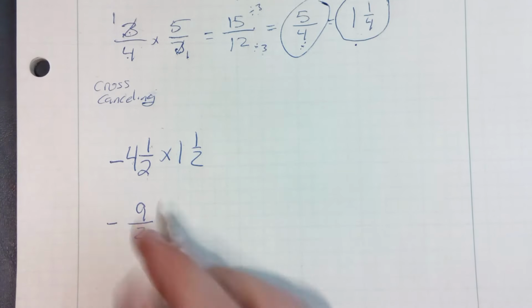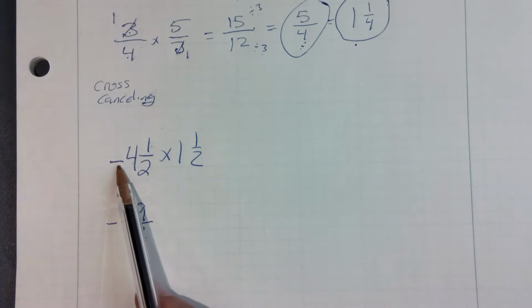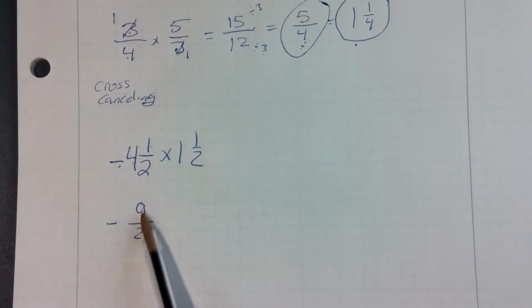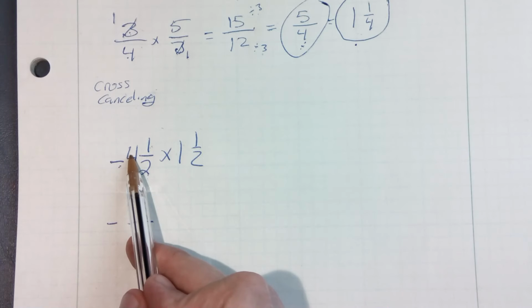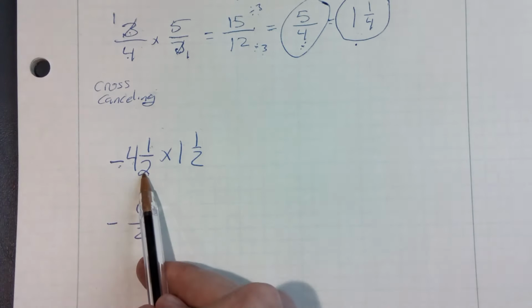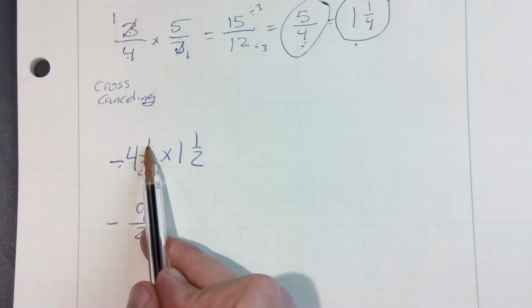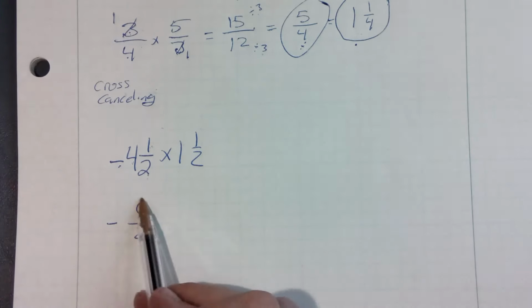Now I want to emphasize, did you notice how I did not even look at the negative until I converted? A very easy mistake to make is thinking the 4 is negative, so you go -4 times 2 is -8, but then you look, oh, the 1 must be positive, so when you add a +1 to -8, you get -7, which would be incorrect.